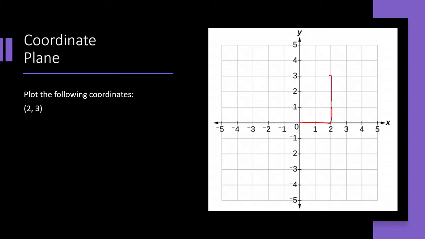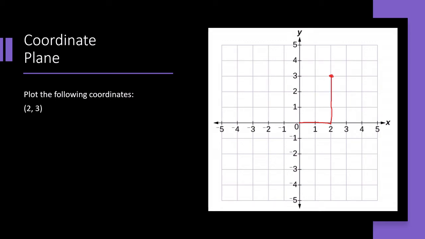This is right here where the positive 2 on the x-axis and the positive 3 on the y-axis meet. And here, my friends, this is where I plot, or mark, this coordinate on my coordinate plane.